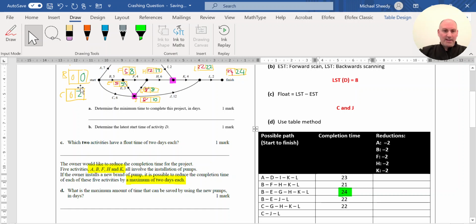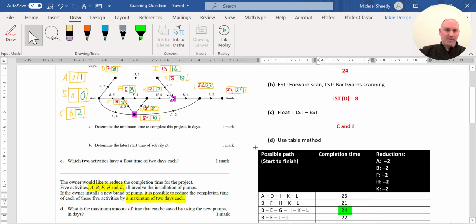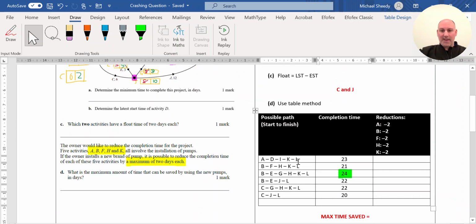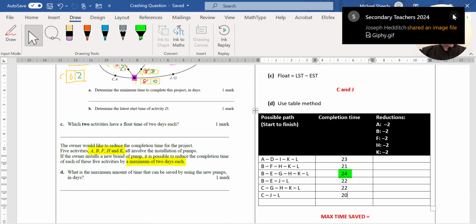And then finally our last path is 20. So they're the completion times of all of the 6 paths in this graph going from start to finish. So this is what the table method should include: all the possible paths from start to finish and the completion time of each of those paths.